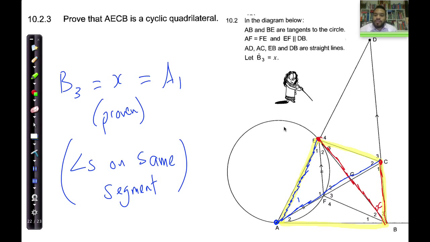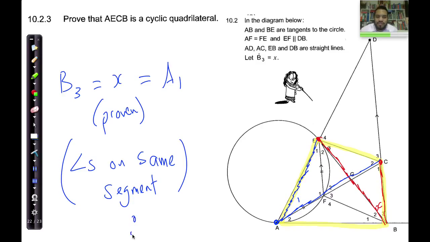Now, in order to do that, I showed that A1 is equal to B3 previously, and I can say that A1 and B3 lie on the same segment EC. And so because they're on that same segment, because they were equal, I can conclude that they must be part of a cyclic quadrilateral.